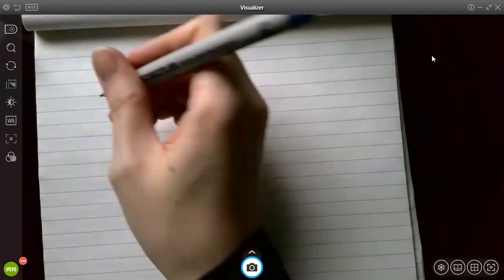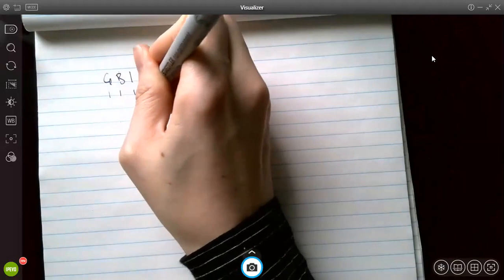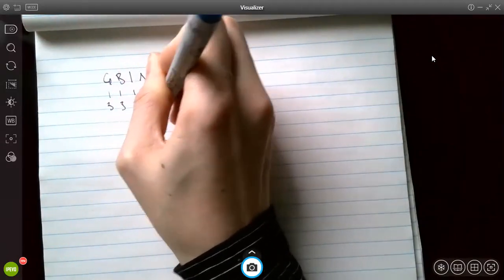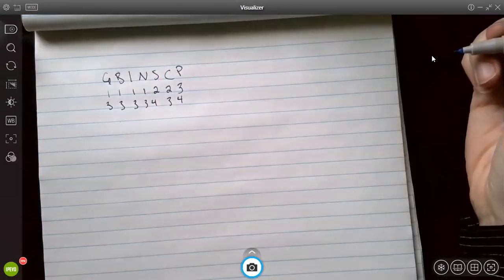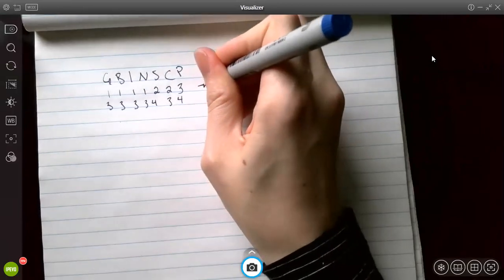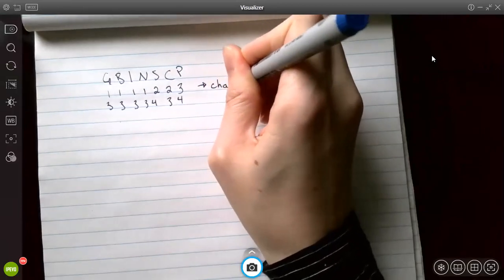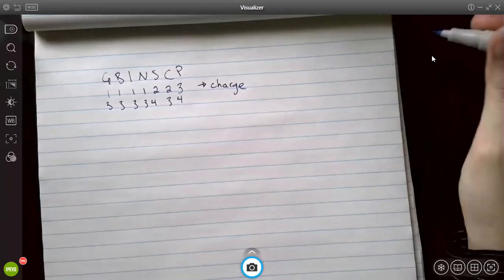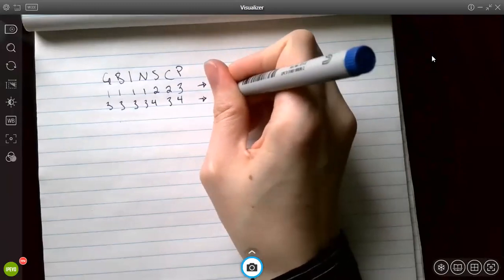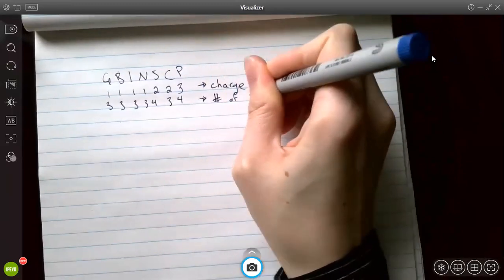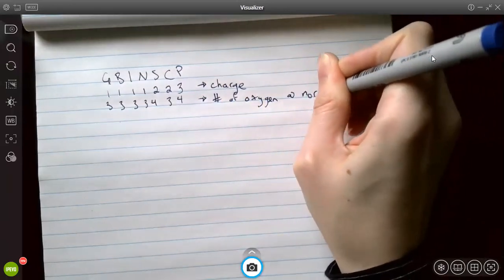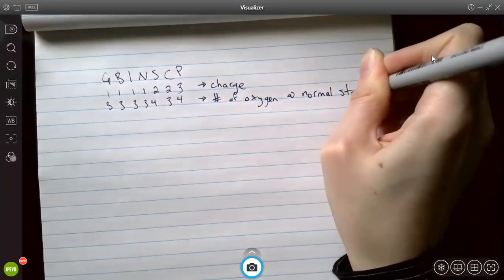C-bins CP: 1, 1, 1, 1, 2, 2, 3, 3, 3, 3, 3, 4, 3, 4. And what this represents is the charge, which never changes for a polyatomic ion. And then this is the number of oxygens at normal state.